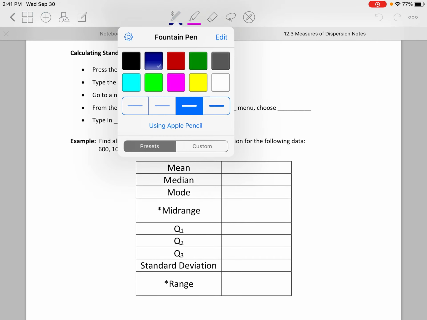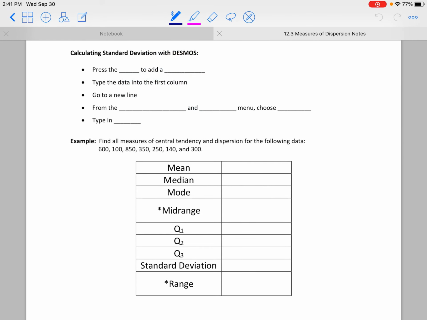So just like we did in the other topic, we're going to press the plus sign in Desmos, and that's going to give us a table where we can enter the data. And then in a new line from our functions menu, we're going to choose stats, and then we're going to look for standard.